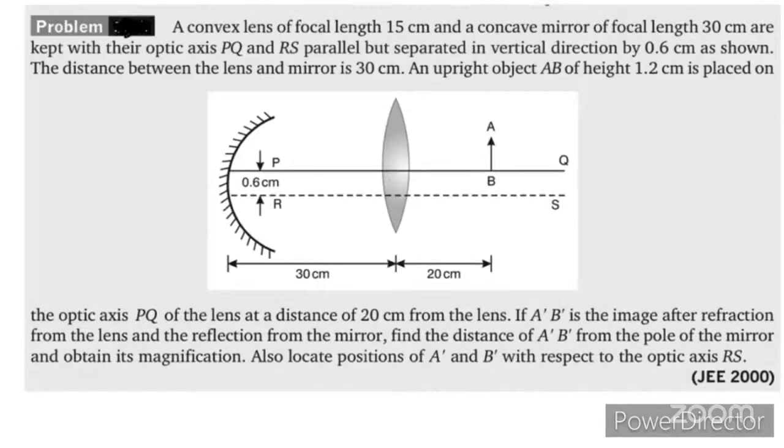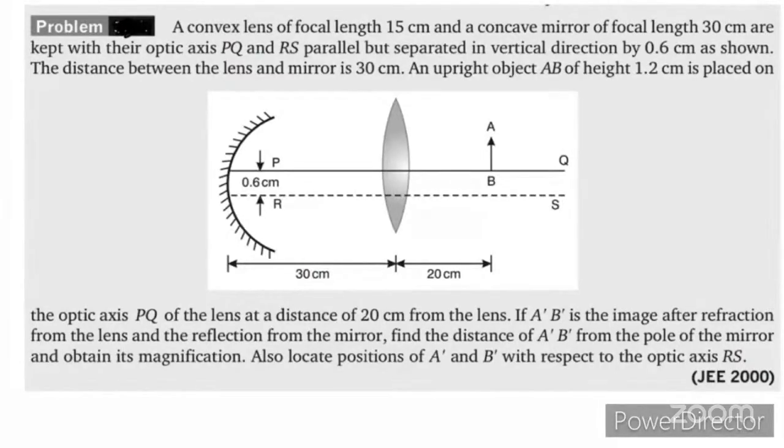A convex lens of focal length 15 centimeter and a concave mirror of focal length 30 centimeter are kept with their optic axis PQ and RS parallel but separated in vertical direction by 0.6 centimeter as shown.